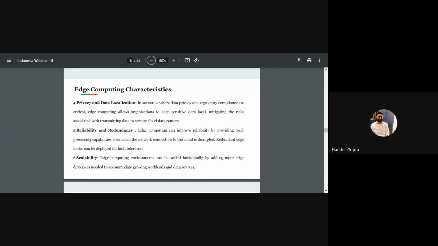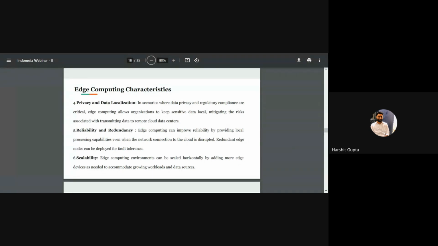No. So here edge computing provides more privacy to the data, because the data is analyzed near the data generating device. But in cloud computing, the data is analyzed at a cloud.